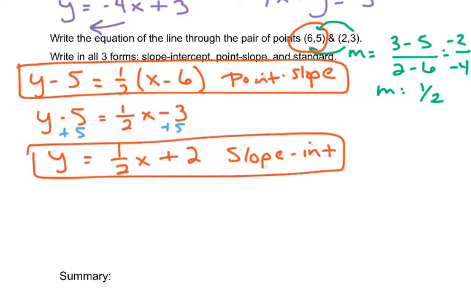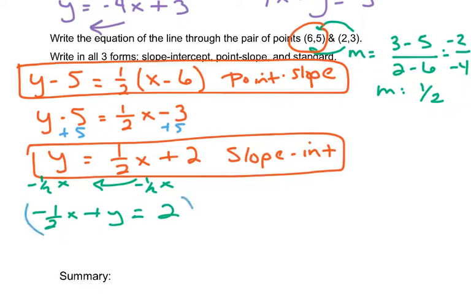And our last one now, we want to convert that to standard form. So I'm going to bring this x piece over with our y term here. I'm going to subtract 1/2 x from both sides. So we have -1/2 x plus y equals 2. And then I need to clean up that -1/2 so we don't have the fraction. I'm going to multiply by -2 to clean that up. -2 times -1/2 x is just x. -2 times y is -2y.